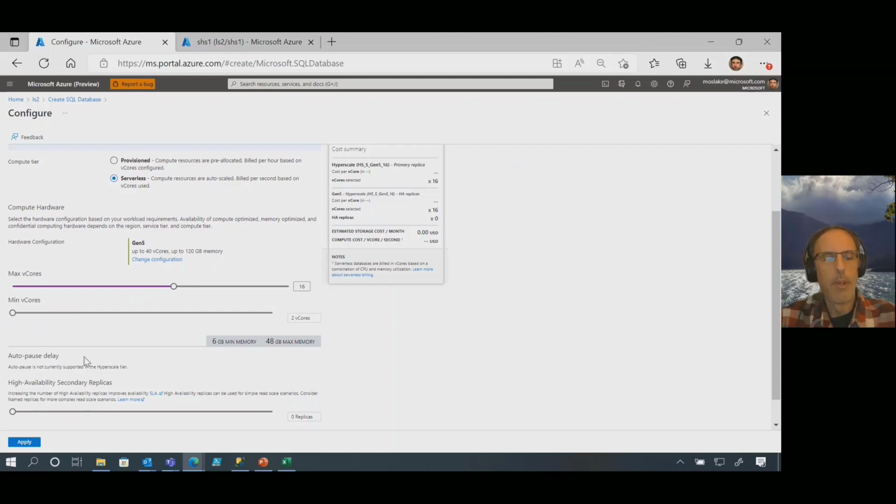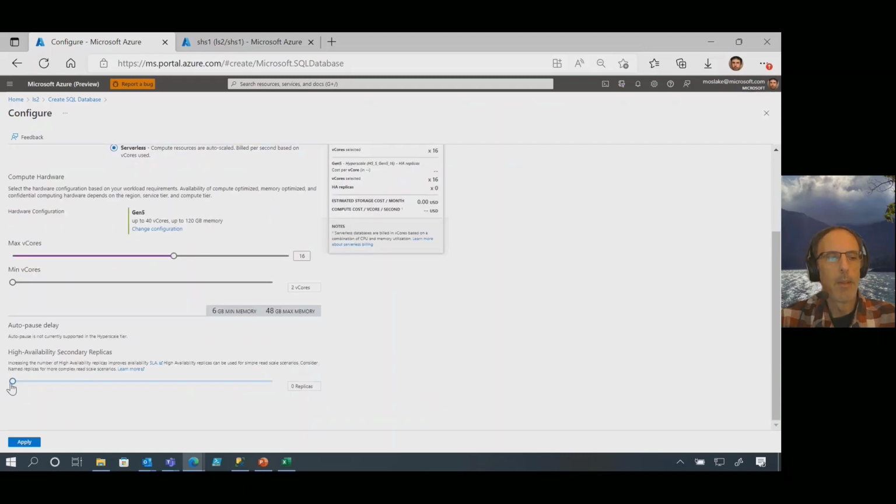Automatic pausing and resuming in hyperscale isn't yet supported, but it's something that we're actively working on. And then finally, I can specify HA replicas all the way up to 4. And whatever my min and max vCore choices were above for the primary replica automatically get applied to each of the HA replicas as well.